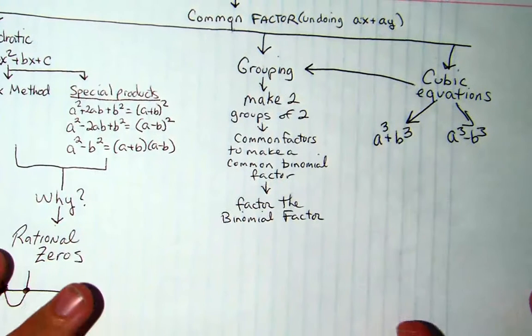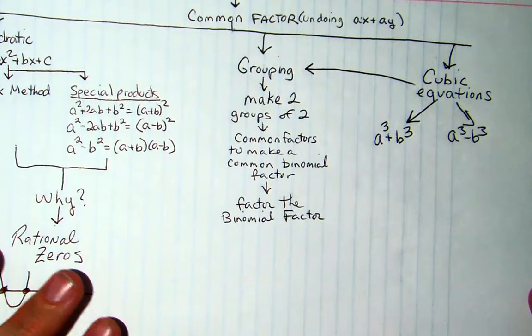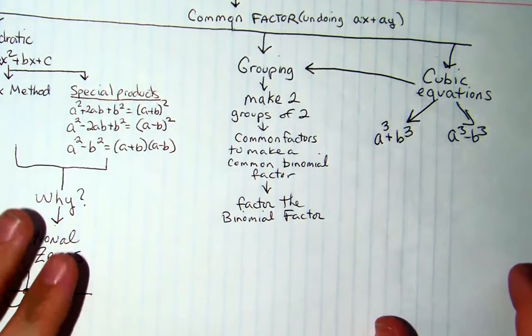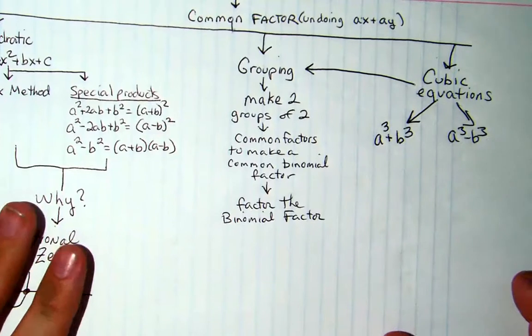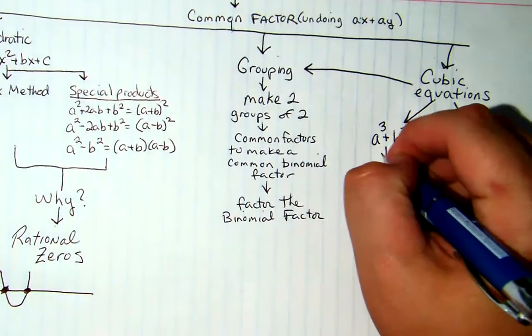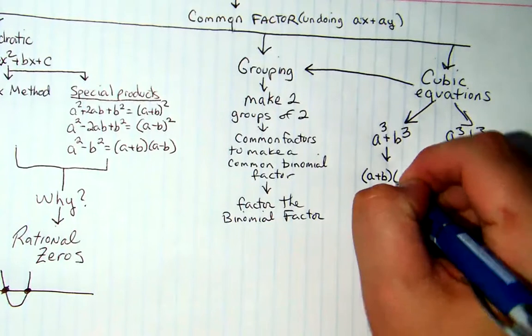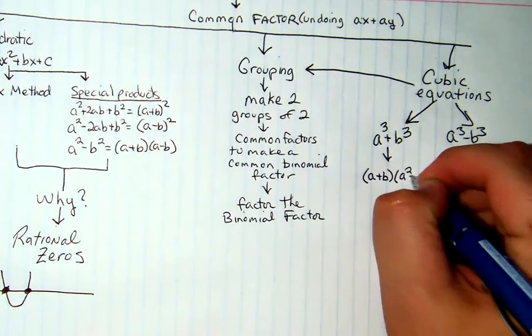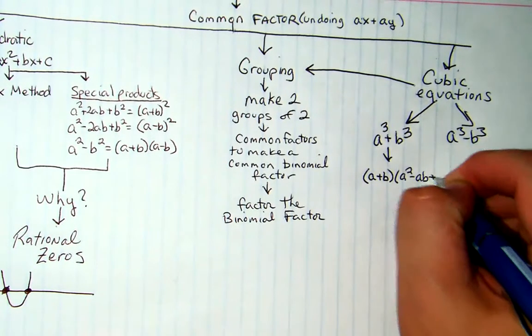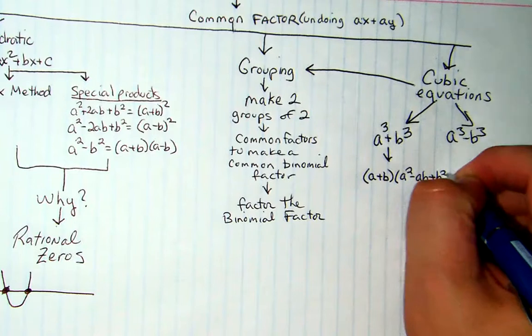All right, so these are the two special products. Sum and difference of cubes. And the answers, these are just formulas. This is a plus b times a squared minus ab plus b squared.